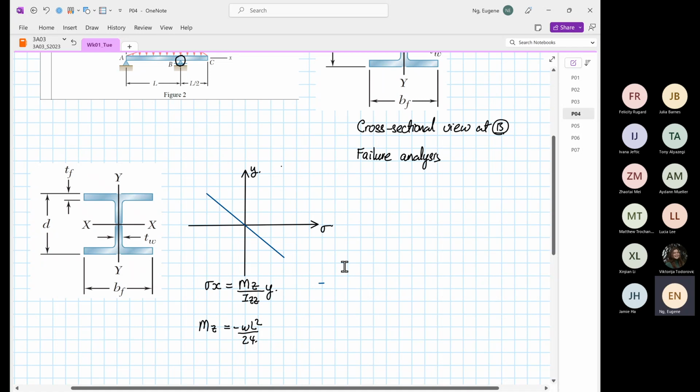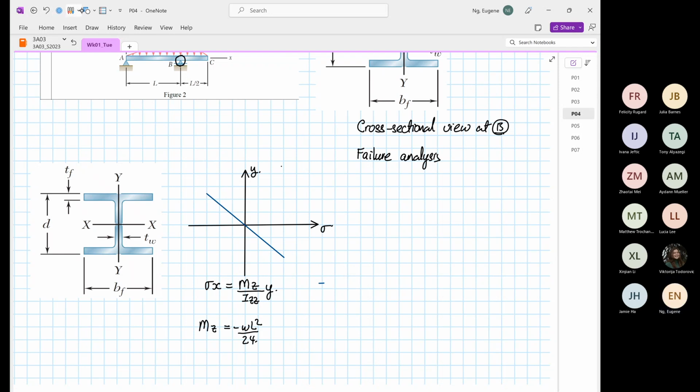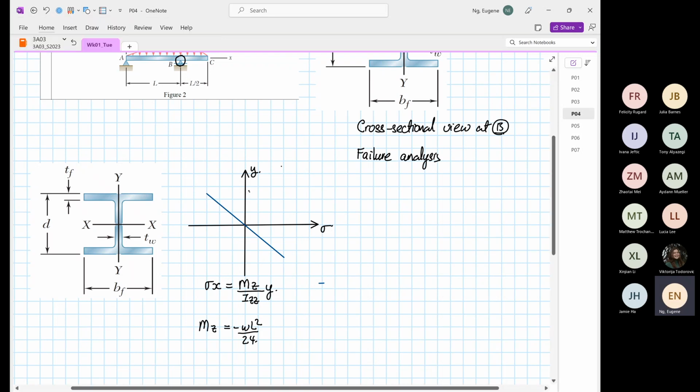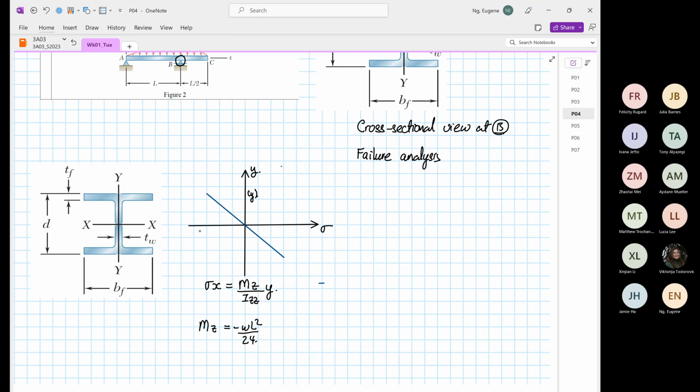So this is how the normal stress distribution will look, and we know at a certain distance of y you have a value of minus Mz over Izz, the negative stress max.